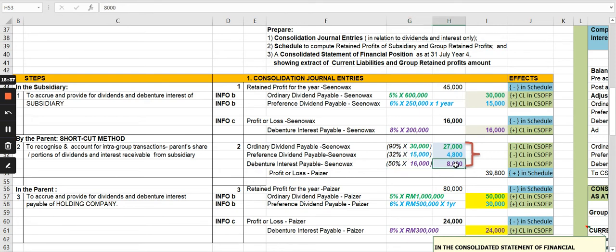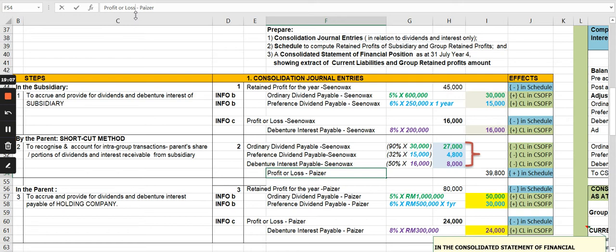So you have 8,000. So this will later appear in the current liability, where you are going to reduce the current liability that you earlier created. And because this is an intercompany transaction, all this will be deducted against the respective figures. So these are actually income from subsidiary, right?